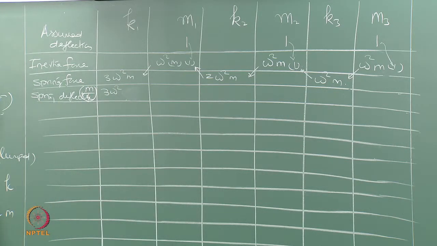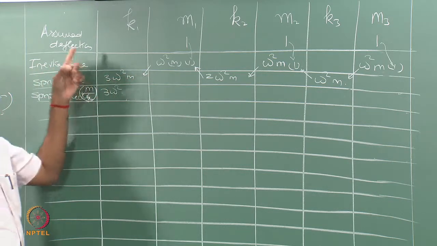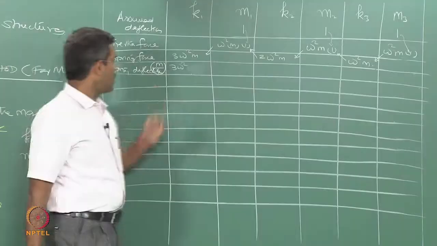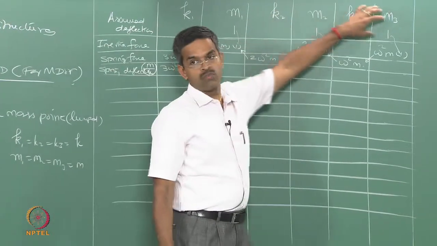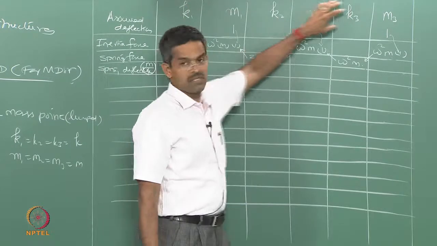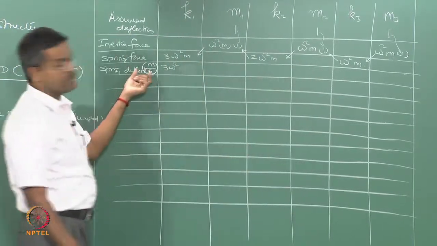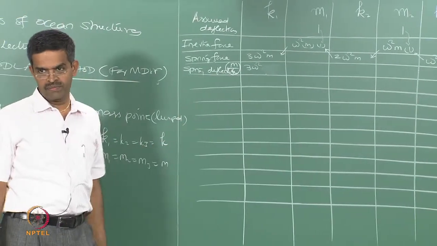Now you may ask me a question, sir, here the masses are all 1 1 1, K is all 1 1 1, so you are able to take out a constant here. What happens if this is m, this is 2m and this is 4m, and this is K, this is 4K and this is 6K? Still m by K can be taken out, that multiplier can go in.